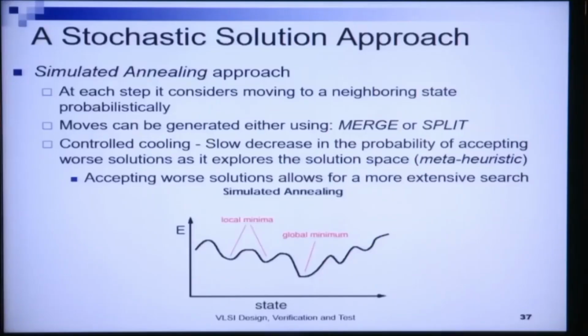But as I converge to a good solution after a certain number of iterations, I want to converge to a certain local minimum, which could possibly be very close to the global minimum. Hence, I slowly decrease the probability of accepting worse solutions as it goes on exploring the solution space.